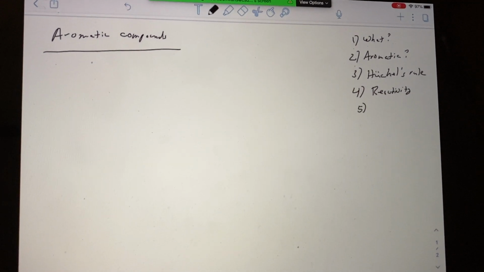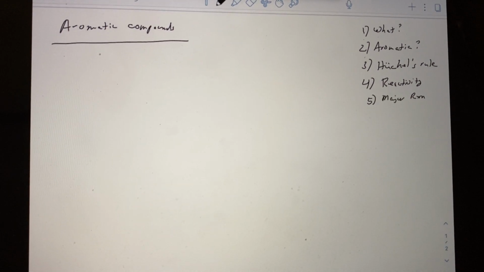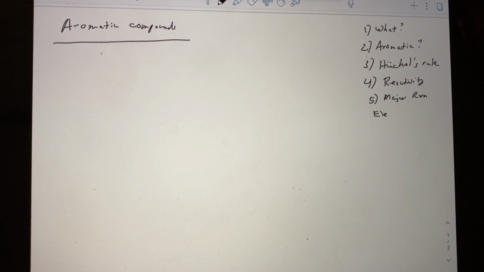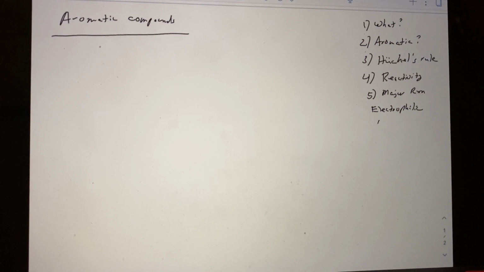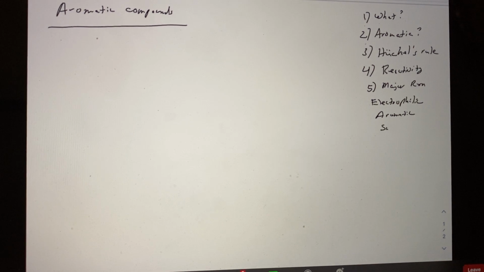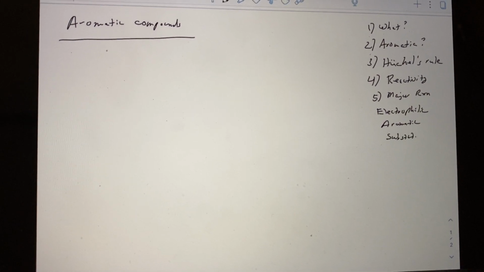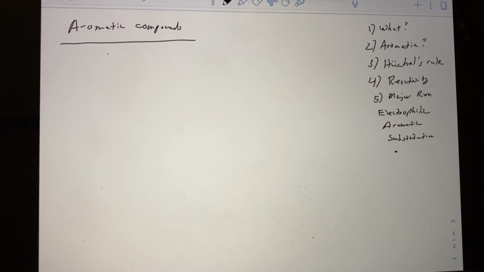For the reactivity, we're going to have a major type of reaction known as electrophilic aromatic substitution. Here, there are going to be 5 main reactions.